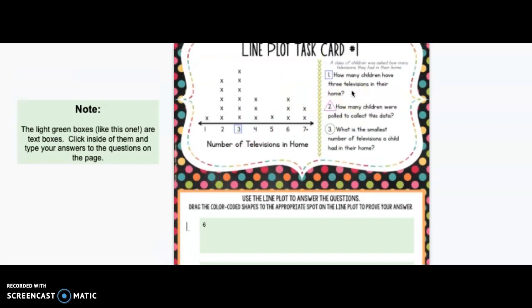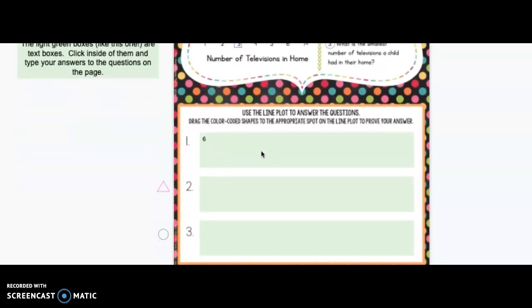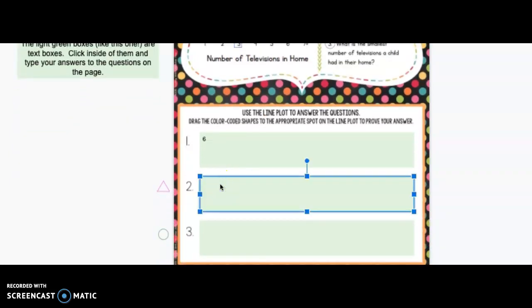Number 2, how many children were polled or asked to collect this data? Well, let's see. I have to count all of the X's. So I did a quick count and saw that there's 21. So the answer to number 2 is 21.